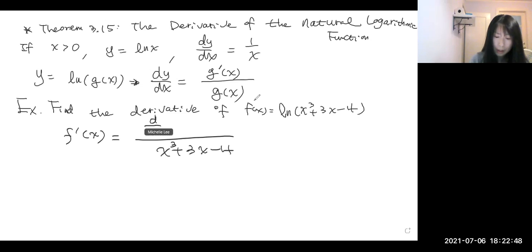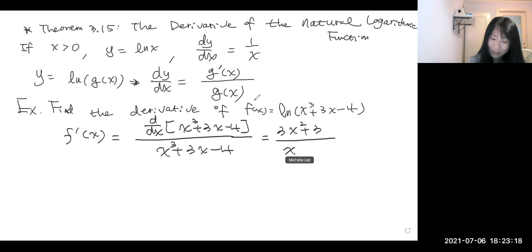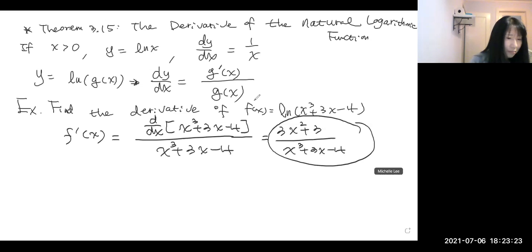So d over dx of x cubed plus 3x minus 4. So the derivative of x cubed plus 3x minus 4, what do you get? 3x squared plus 3. Okay, thank you. So this is the final answer. Okay, let us do one more.